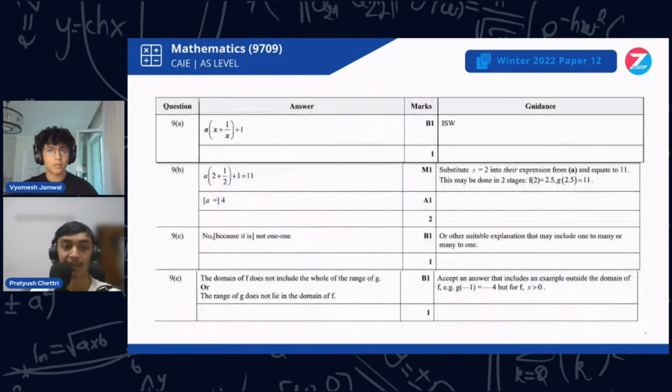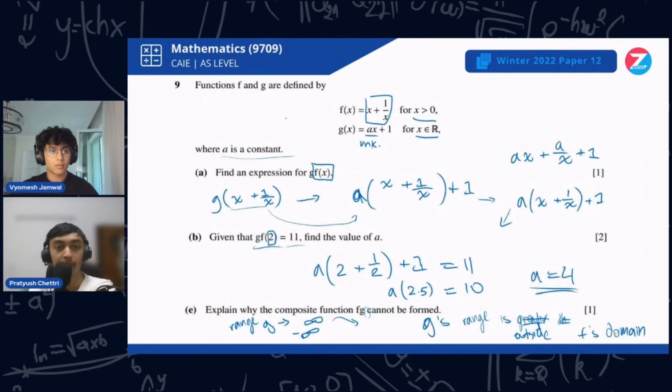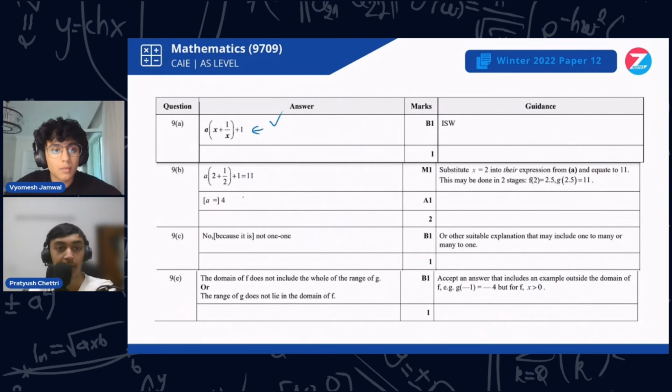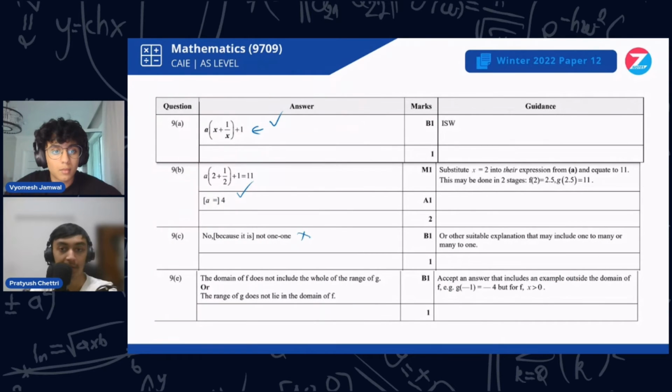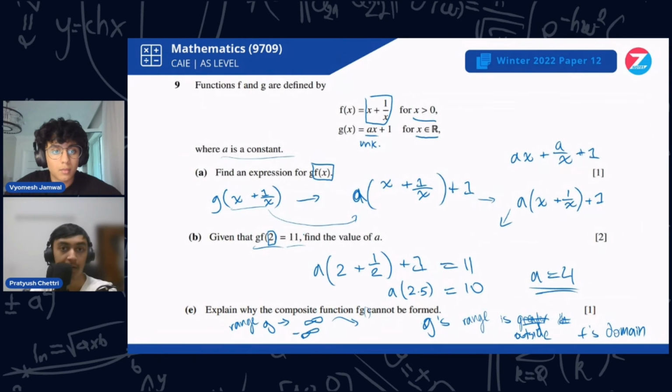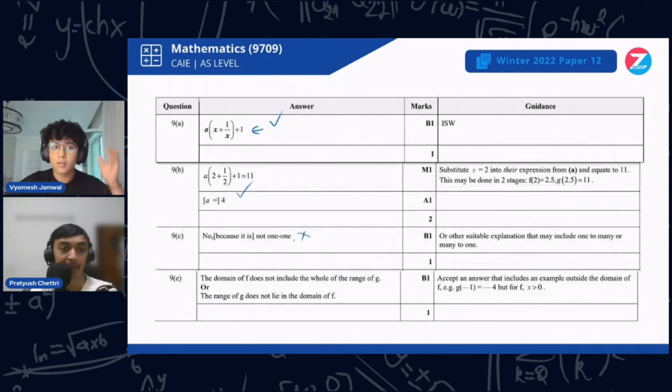And let's look at the answers here. A of x plus 1. Yep, we're good. A equals 4, yes. I did cut out this question, but yeah, it's not there. I've just cut it out for time's sake.